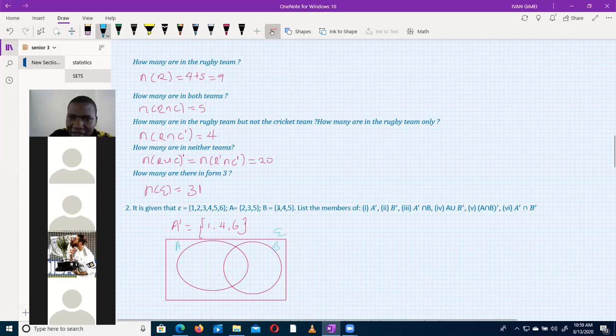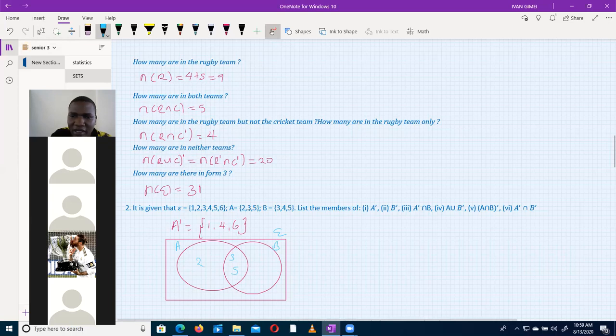Now, what are the elements in set A? Set A has 2, 3, 5. This one has 3, 4, 5. What are the common elements in A and B? We have 3 here, we have 3 here. We have 5 here, we have 5 here. So this is 3, 5. Then what is in A only? We have 2.